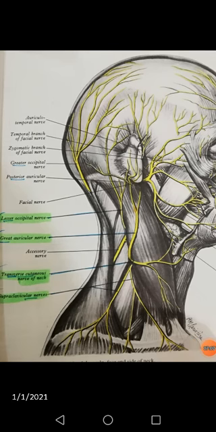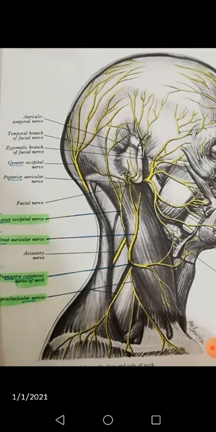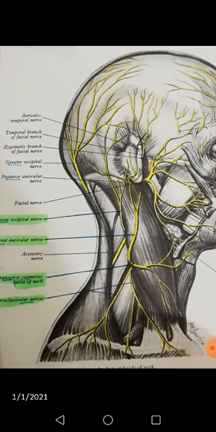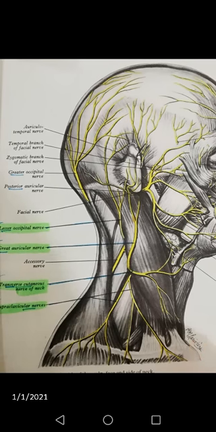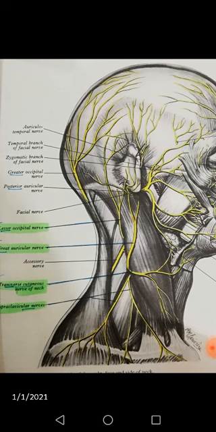This is the cervical plexus close to its origin near the nerve point. The roots of the cervical plexus receive gray rami communicantes coming from the superior cervical sympathetic ganglion, and these sympathetic ganglion branches are communicating branches.